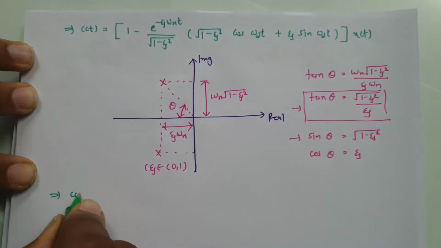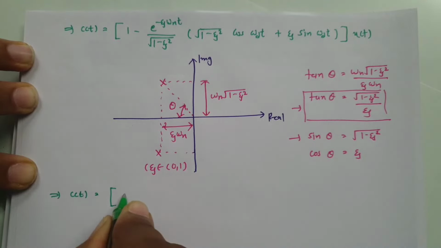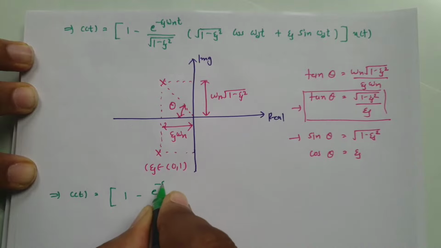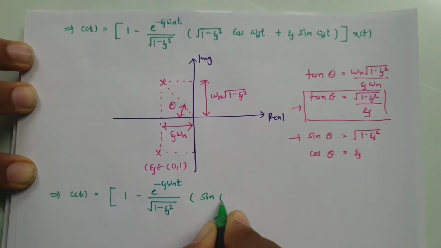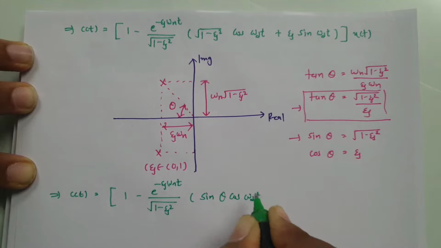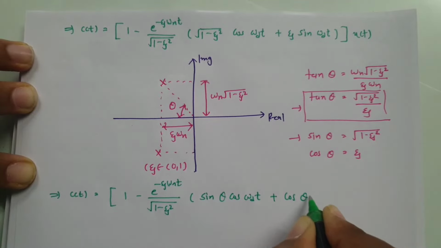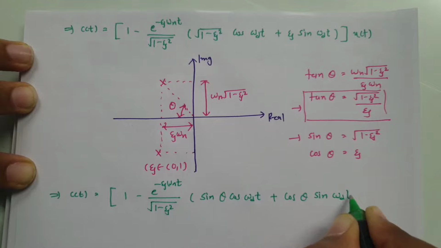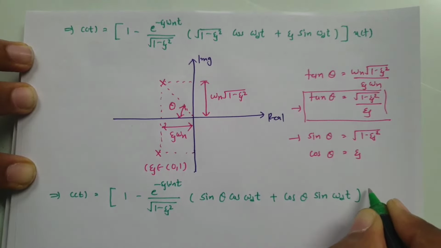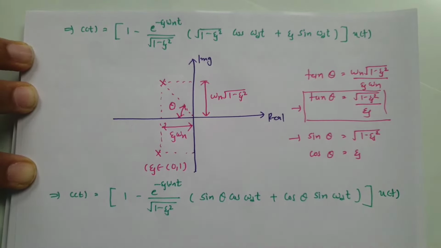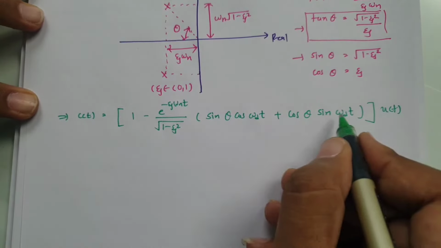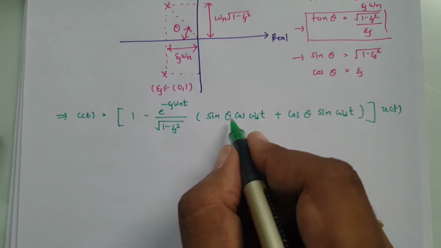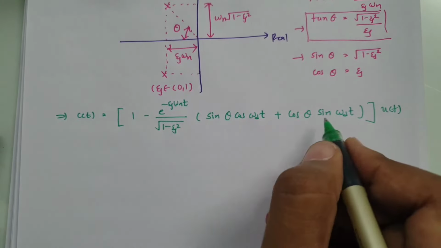So we can have c of t as 1 minus e to the power minus zeta omega n t divided by square root of 1 minus zeta square into sin theta cos omega dt plus cos theta sin omega dt, u of t. Now see this term, that is sin of omega dt plus theta.